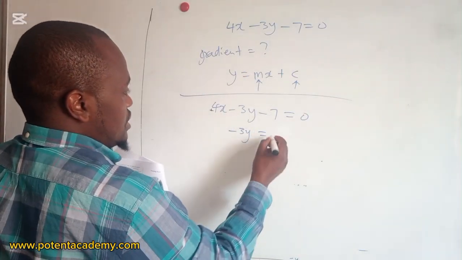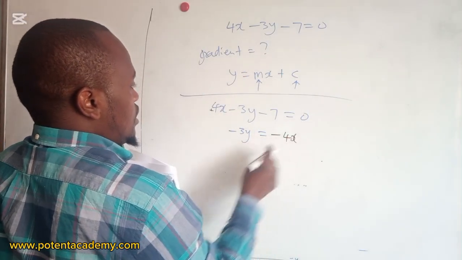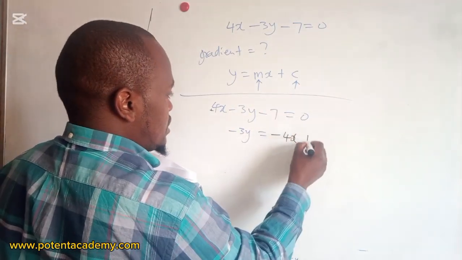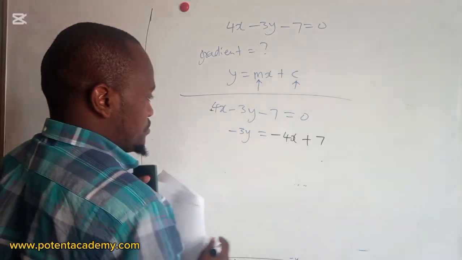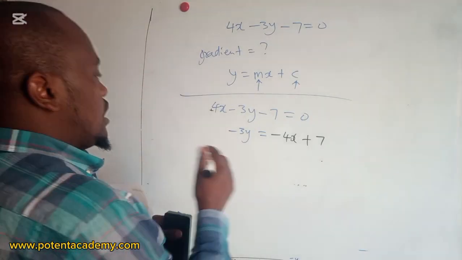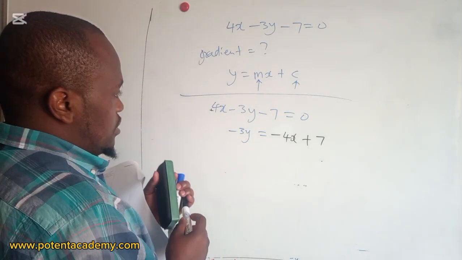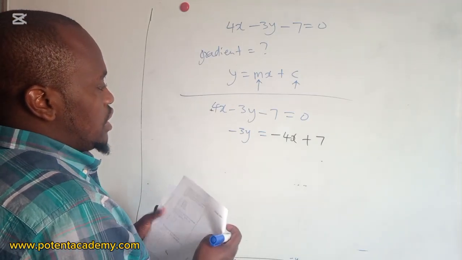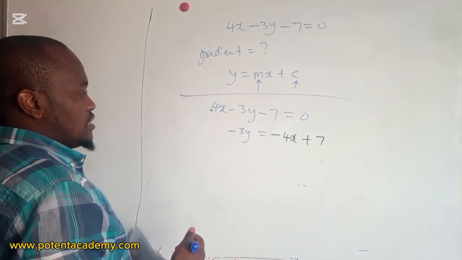When you take it to the other side, it becomes negative. What about this 7? It's negative, so when it goes to the other side, it becomes positive. So you have negative 3y equals negative 4x plus 7.